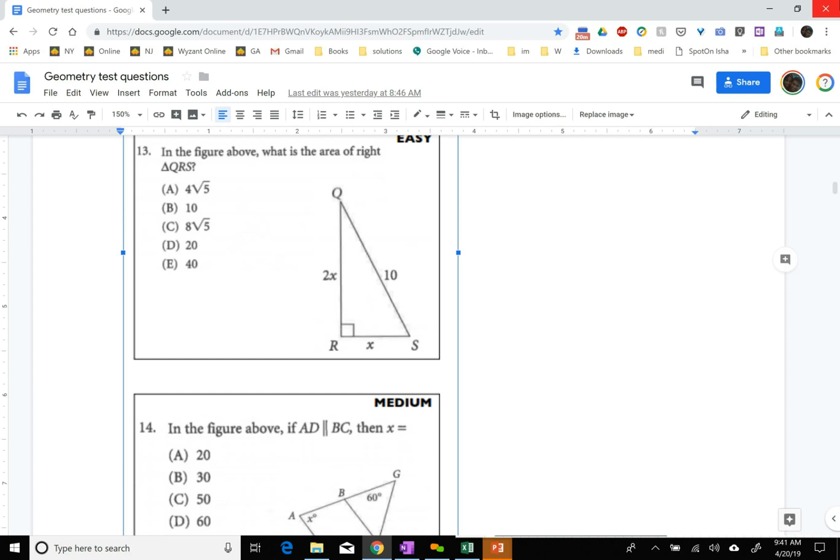So it'll become 5x squared altogether, right? Wait, hello? 3x squared.